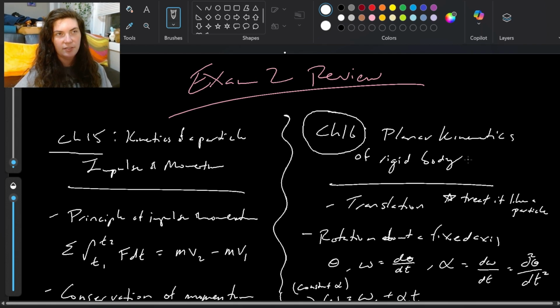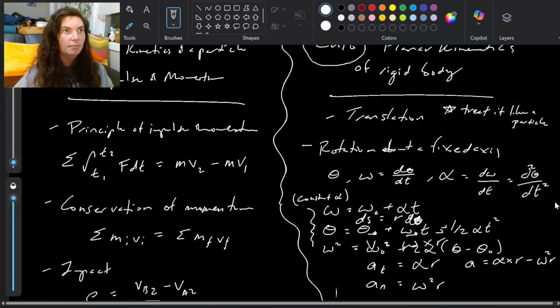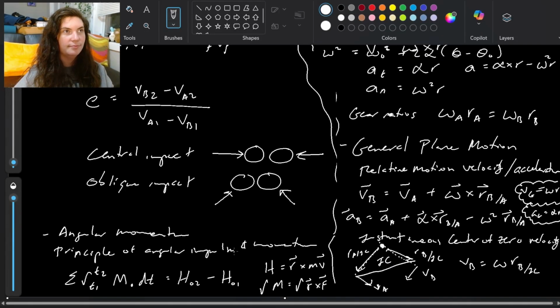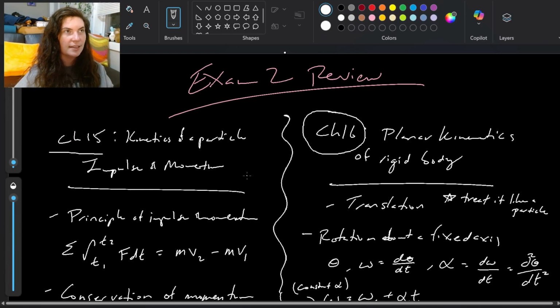I haven't written the exam yet, so I'm not entirely sure, but I think this is the split I'll probably go with on our exam, unless you get lucky, I guess. This 15 I think is just a little bit easier, maybe a little bit more comfortable for you. But that's going to be our general split. It's just going to be these 2 chapters of everything that we've covered since exam 1.